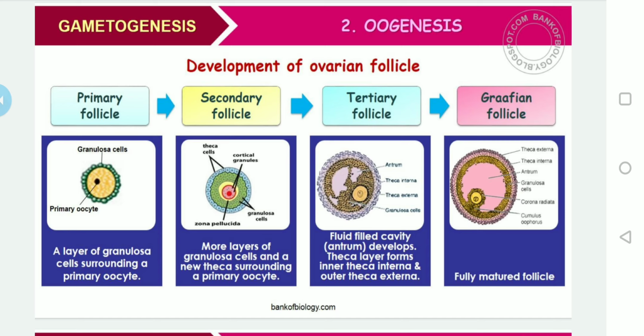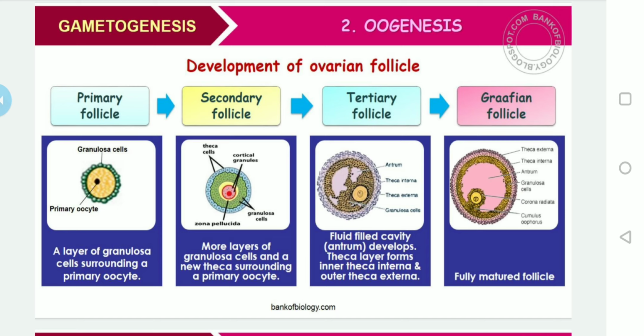In this stage, the first meiotic division takes place. It is an unequal division, resulting in the formation of a large haploid secondary oocyte and a tiny first polar body. This is the completion of the first meiotic division.